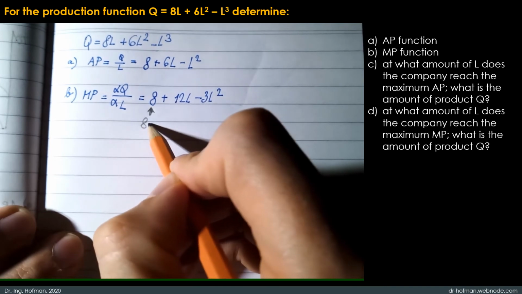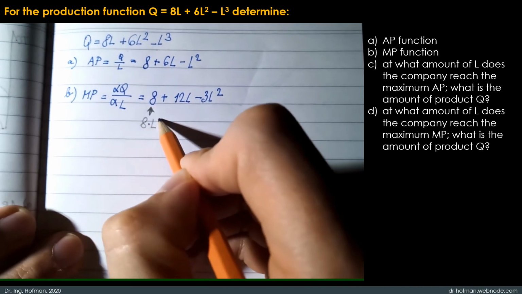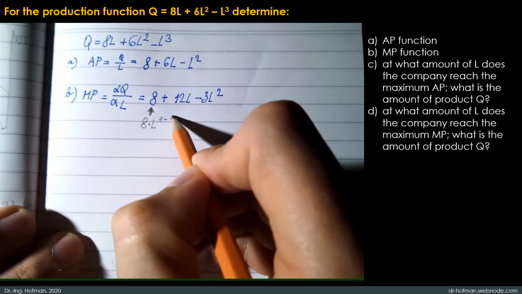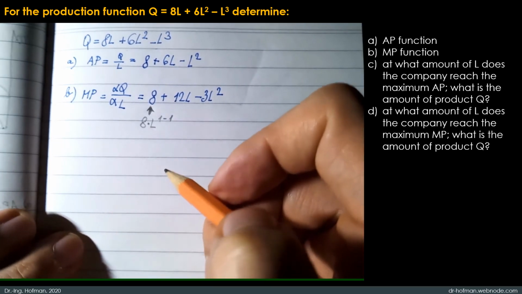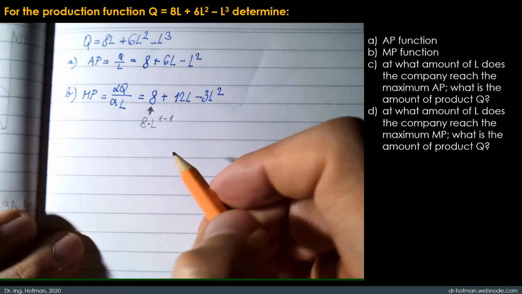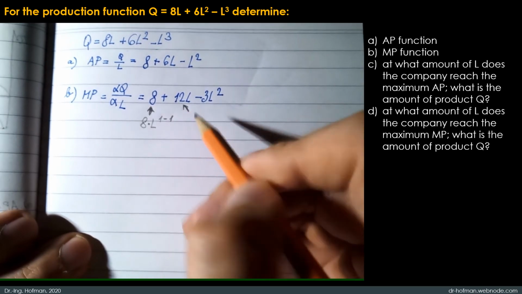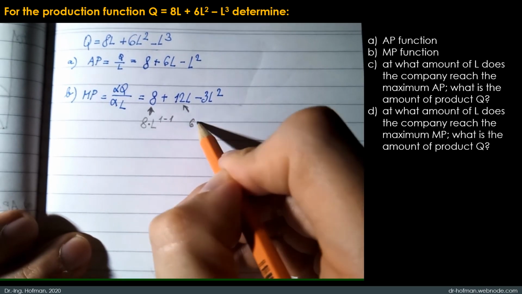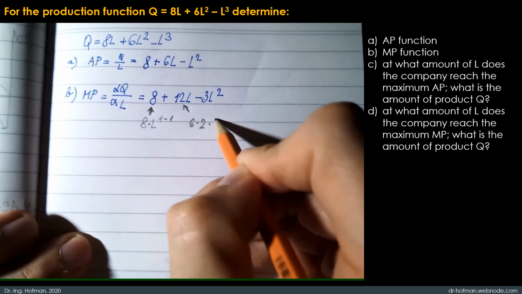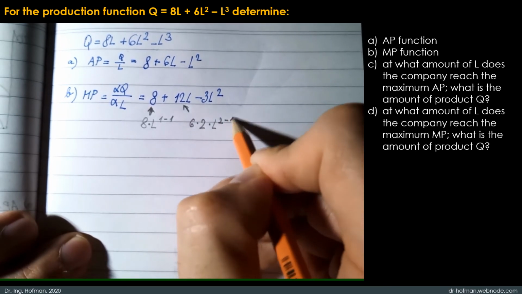Let's revise some rules for derivatives. From 8L I get to 8 according to this rule: 8 times L to the 1 minus 1.